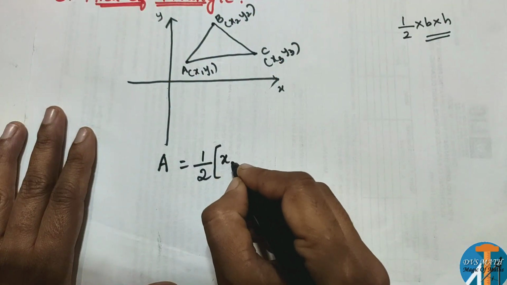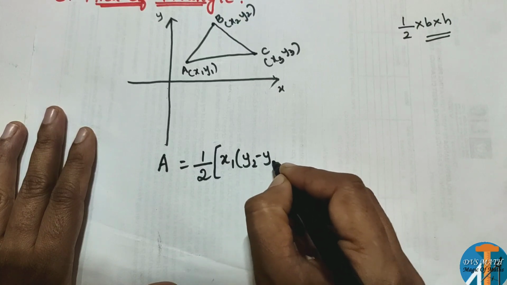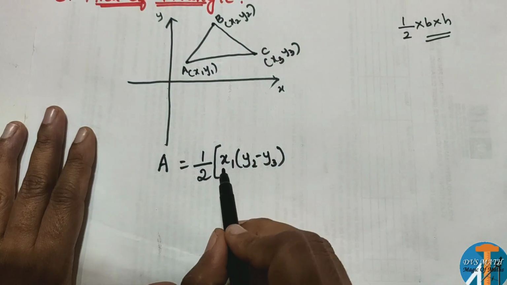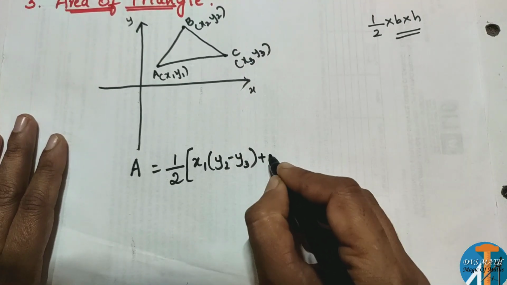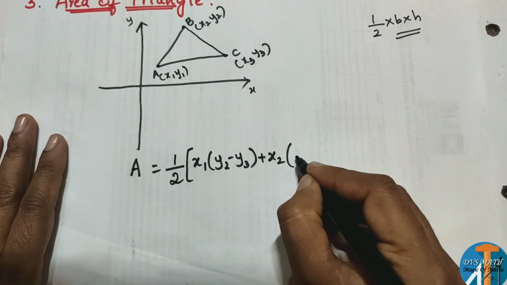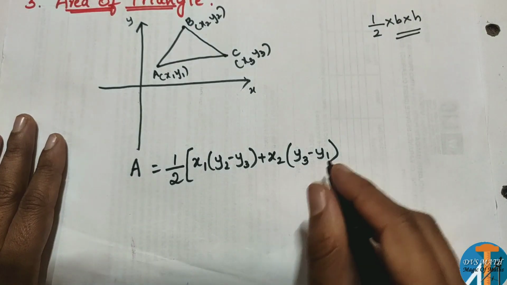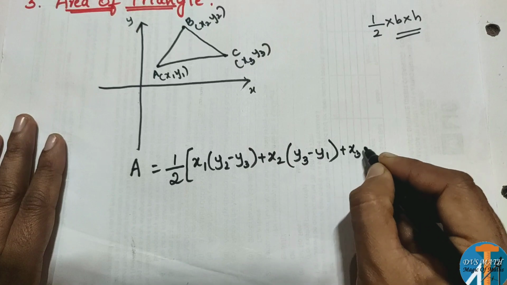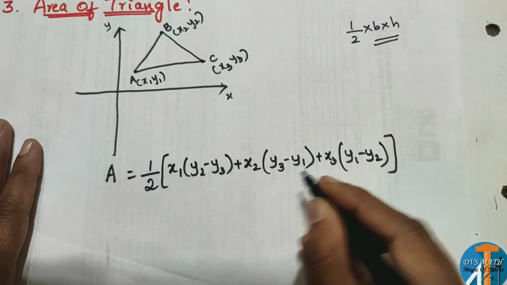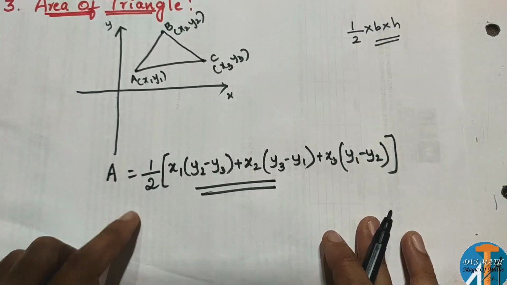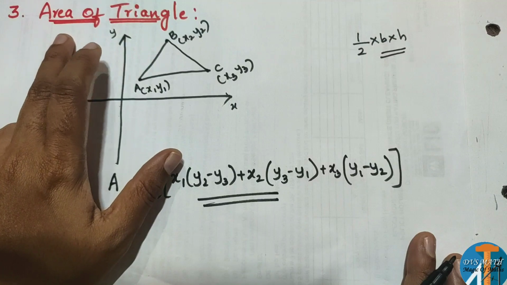I am considering x1 into y2 minus y3, plus x2 into y3 minus y1, plus x3 into y1 minus y2. This is the formula of the area of triangle when the 3 coordinates are given.